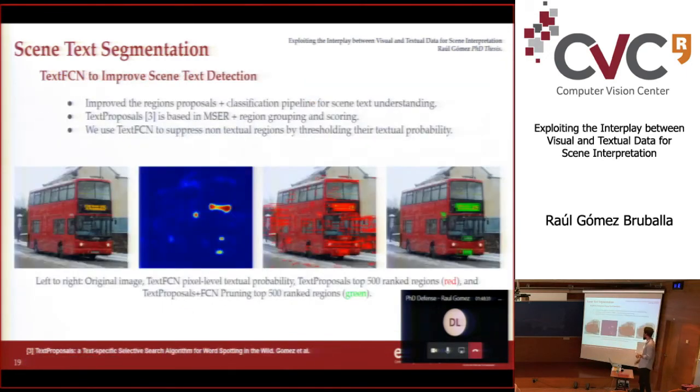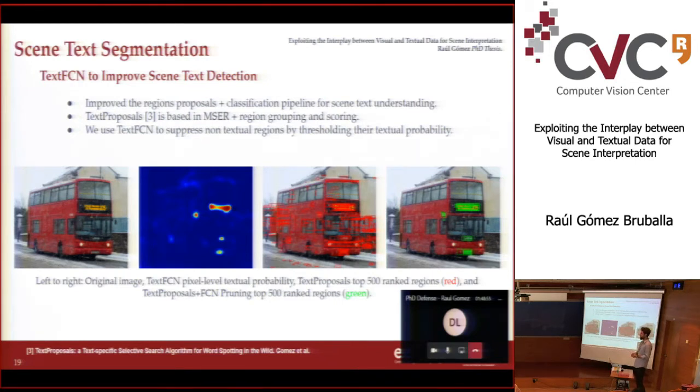So the state-of-the-art pipeline for text detection by that time consisted of an object proposals method, actually text proposals specifically, followed by a word classifier. The object proposals method proposed many regions in the image that were susceptible to containing text based on very simple cues.